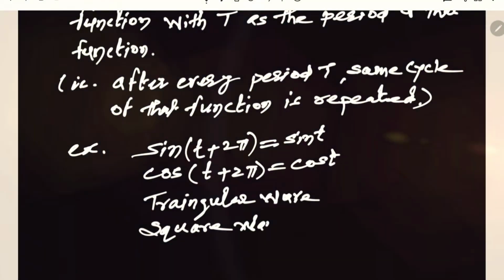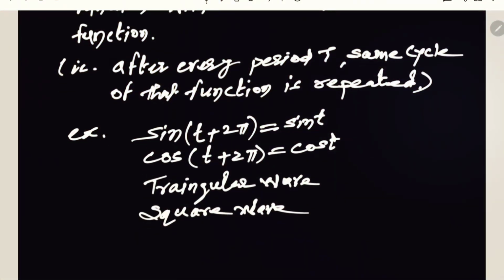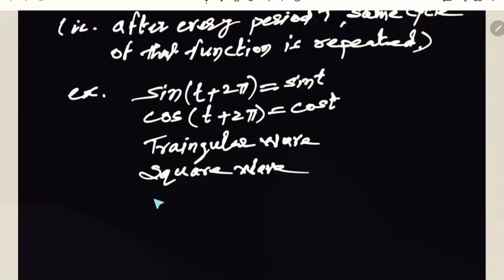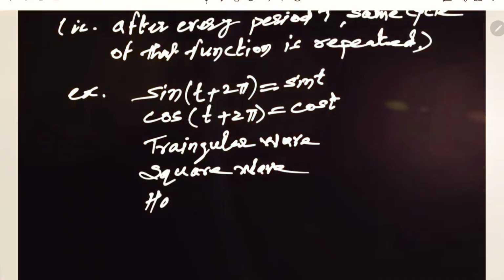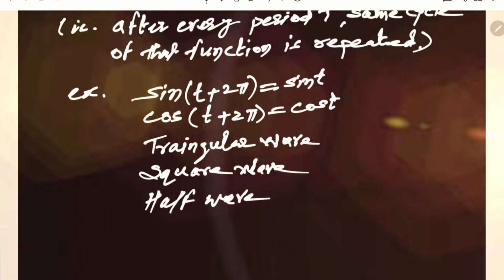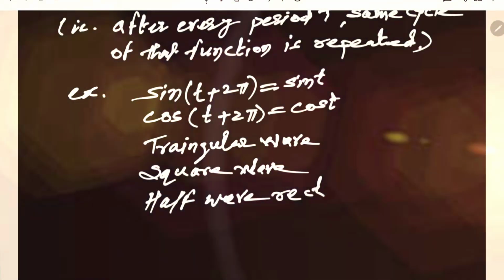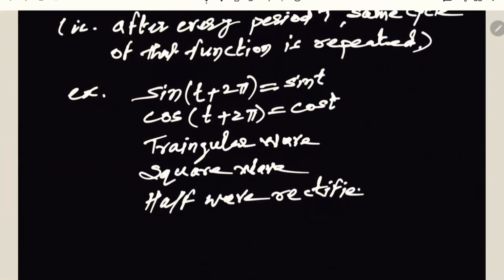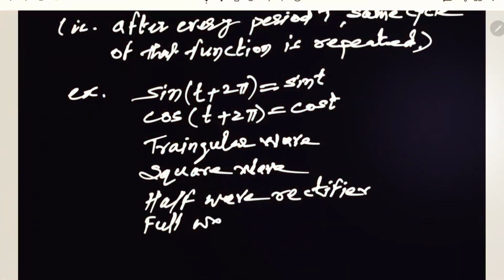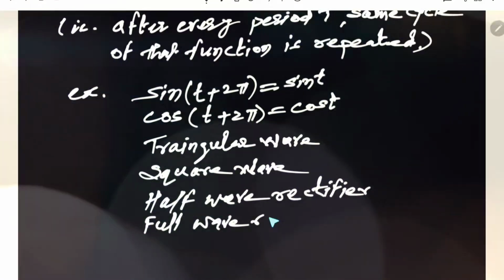After knowing what a periodic function is, the next step is to obtain the Laplace transform of that periodic function, and to obtain it, we take the help of the following result. The next point is the Laplace transform of a periodic function.